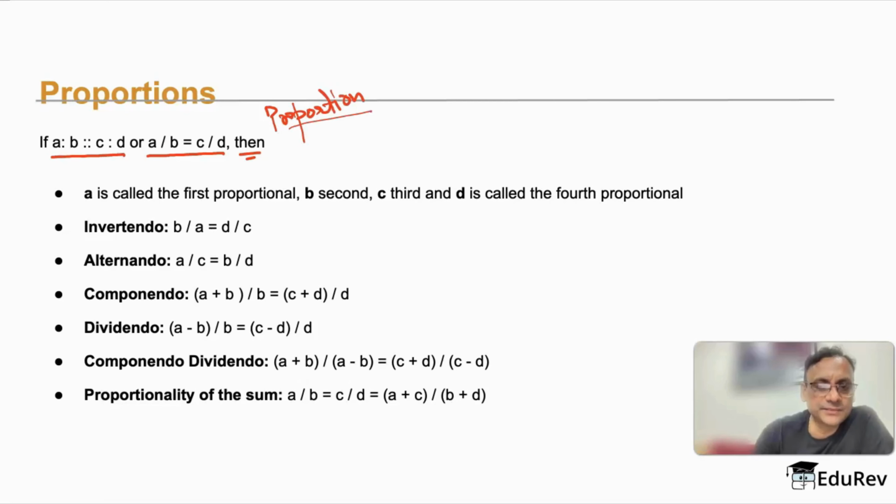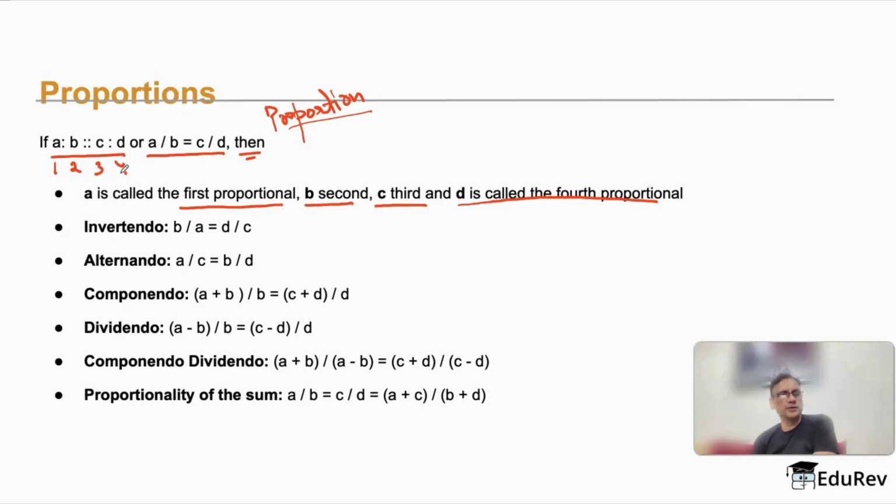In that case, A is said to be the first proportional, B is said to be the second proportional, C is said to be the third proportional, and D is called the fourth proportional. Okay, in sequence. So A is 1, B is 2, C is 3, and D is 4. So first proportional, second proportional, third proportional, and fourth proportional. Very simple. No problem here.